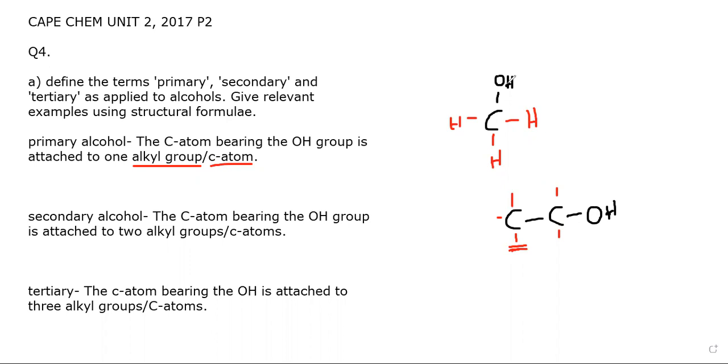But in methanol, because it's just one carbon making it up, there are no other carbon atoms present. But in this one, we see that the OH group attached to this carbon is attached to one carbon atom.